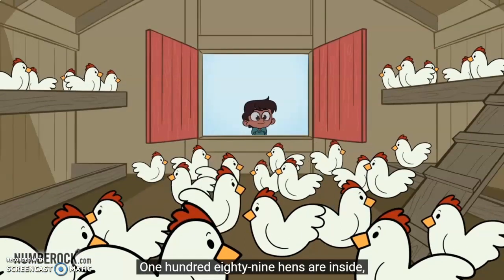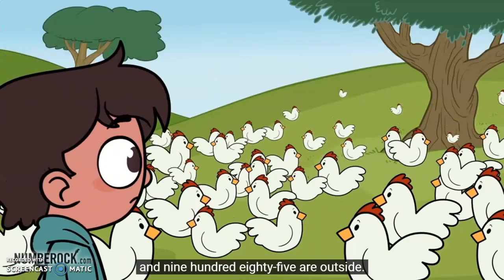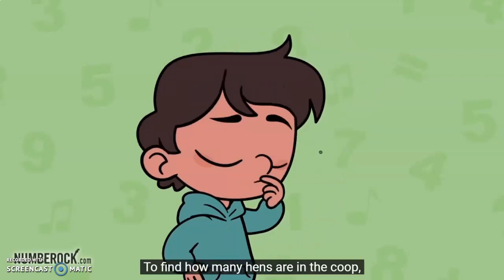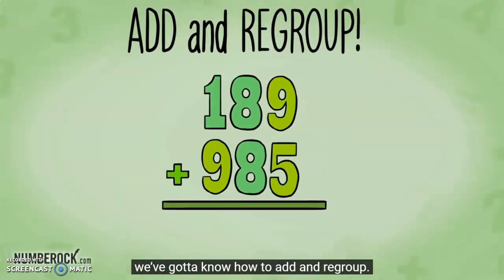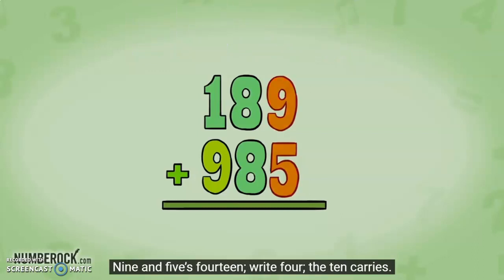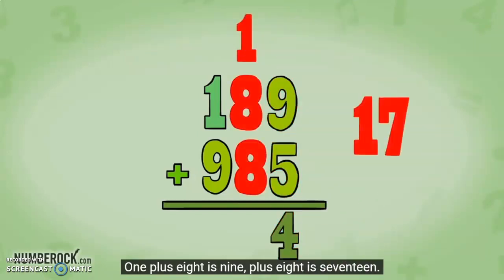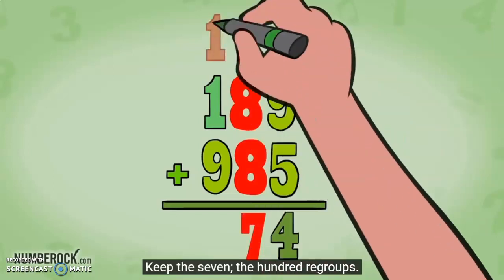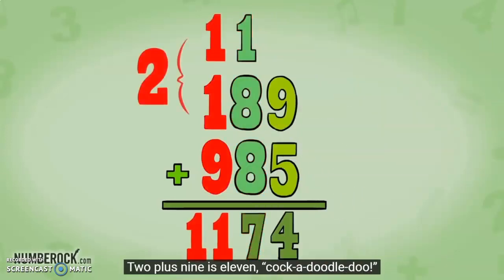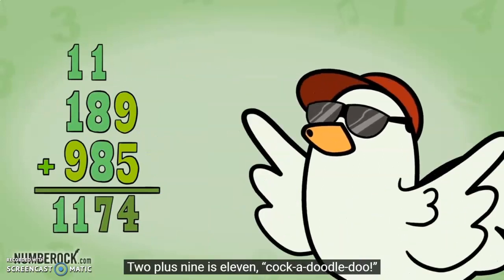189 hens are inside, and 985 hens are outside. To find out how many hens are in the coop, we gotta know how to add and regroup. 9 plus 5 is 14, 5 for the 10 carry. 1 plus 8 is 9, plus 8 is 17. Keep the 7, 100 regroup. 2 plus 9 is 11, cock-a-doodle-doo.